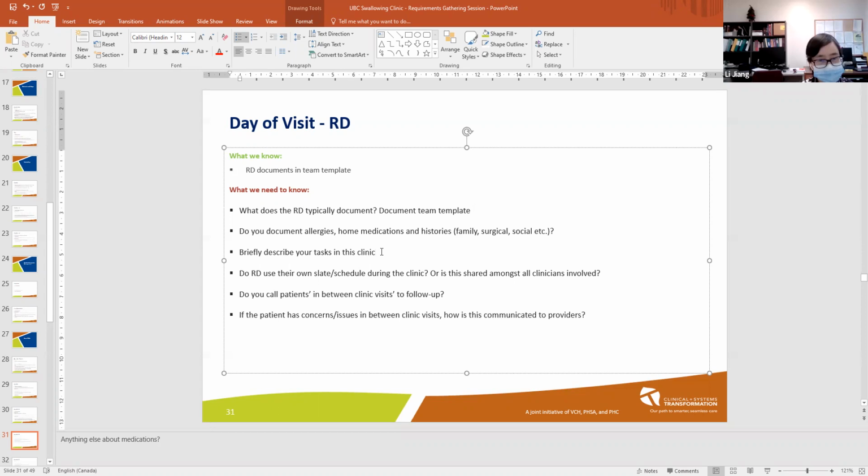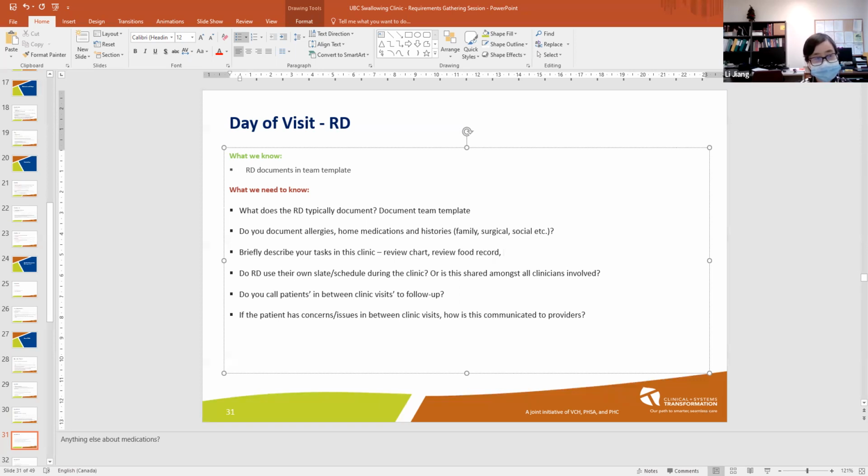Yeah, usually, once I get the slate for the appointment, I review the chart before the appointment day. And usually if they are able to send us the diet history or food records before the appointment, I will review that as well.